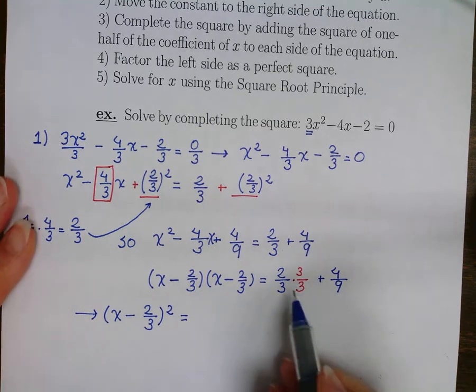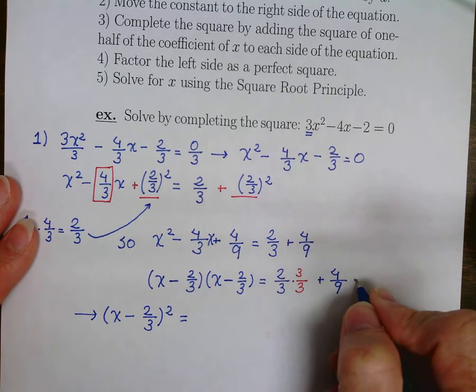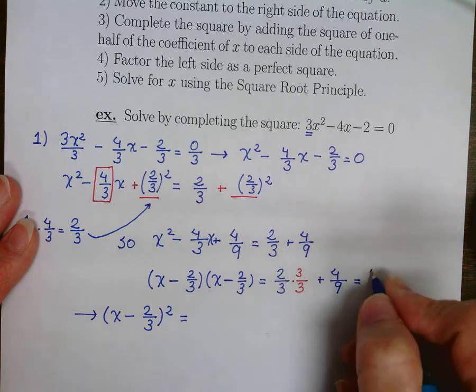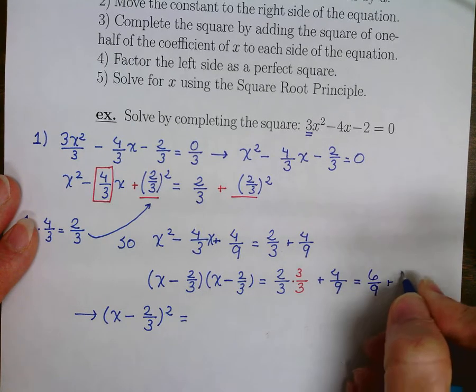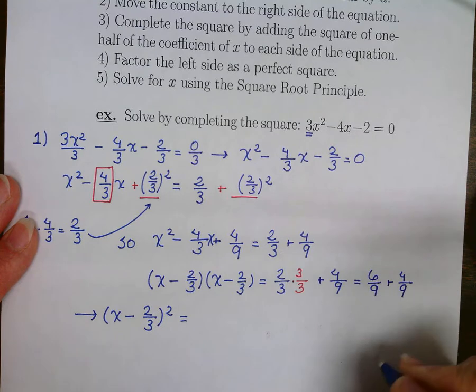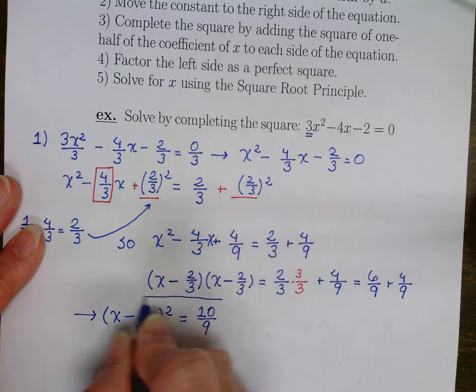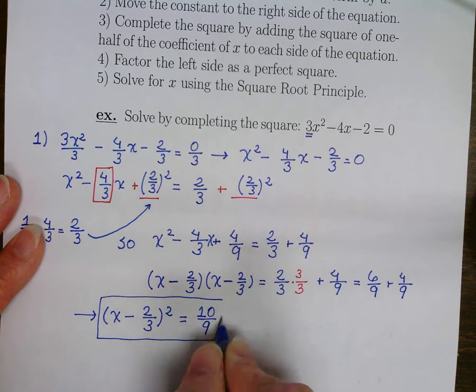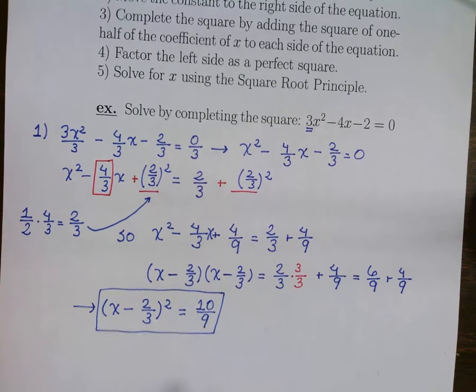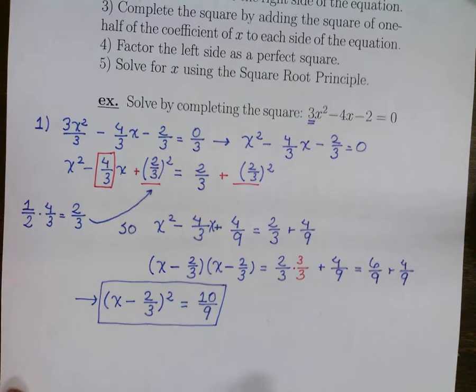And the right-hand side will be what? That's 6/9 plus 4/9. Okay, so that'll be 10/9. And that equation we can solve by extracting roots, taking the square root of both sides.